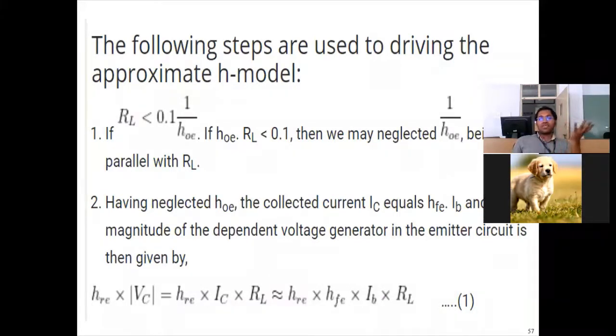So it is enough if I check the magnitude. So h_re mod V_C: V_C is I_C into R_L, mod of V_C is I_C into R_L, and just now we found that I_C I can replace by h_fe I_B for approximate analysis.